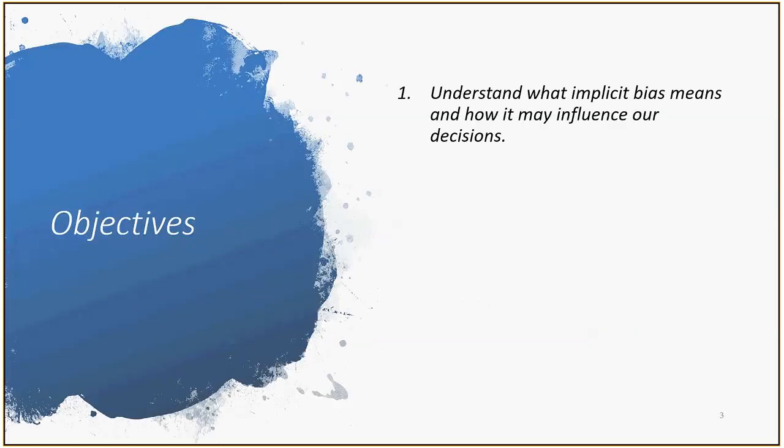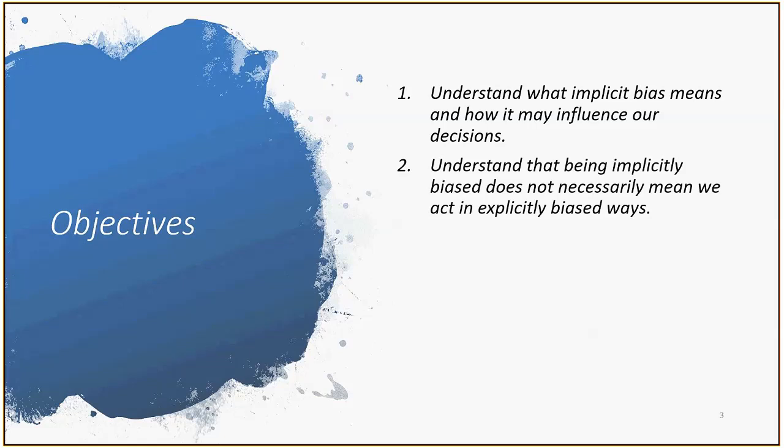So some of our objectives today. We want to try and understand what implicit bias and/or unconscious bias, they're oftentimes used interchangeably, means and how it may influence our decisions, especially our decisions when we think about system of care. And that can be implicit bias of youth, implicit bias of families, implicit bias of providers.